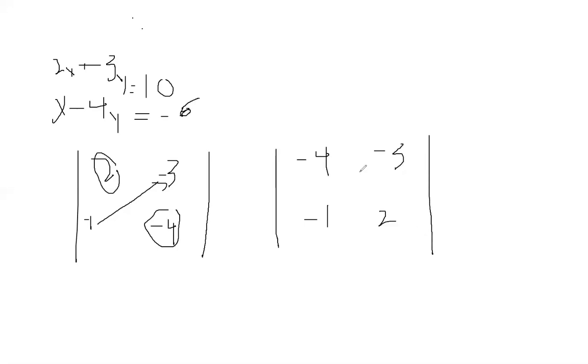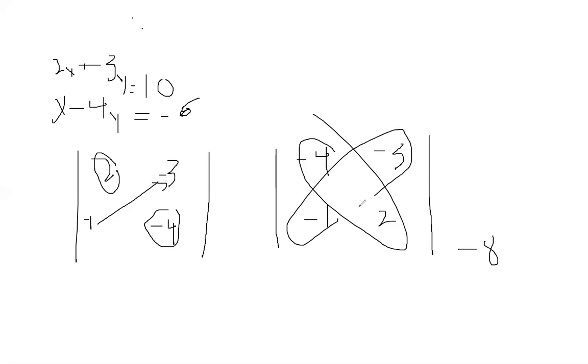Now you do the same thing to get the determinant. So cross multiply, negative 8 on the bottom, and 3 on top. And again, bottom minus top, negative 8 minus 3 equals negative 11. So now we put all of these over negative 11.